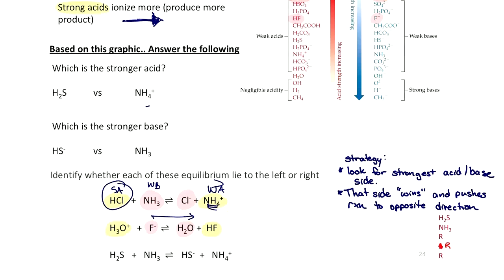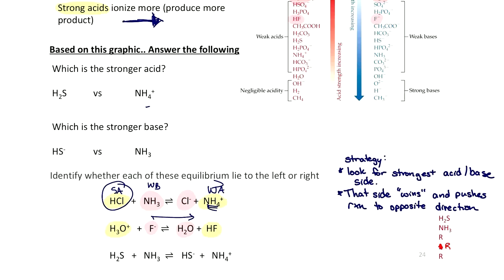Okay, last one. Again, let's just find the stronger acid-base pair. Okay, of these two things, H2S and ammonia, which one is the acid and which one's the base? H2S is an acid, cool, and then that means ammonia is the base. And so this is going to help us because I need to locate the two acids and the two bases on each side.